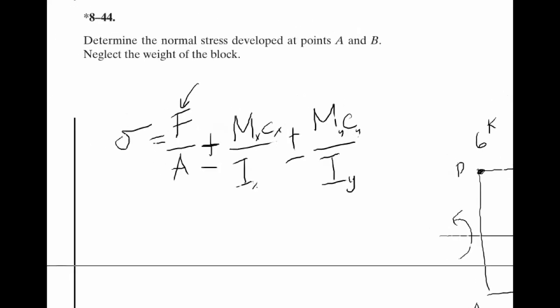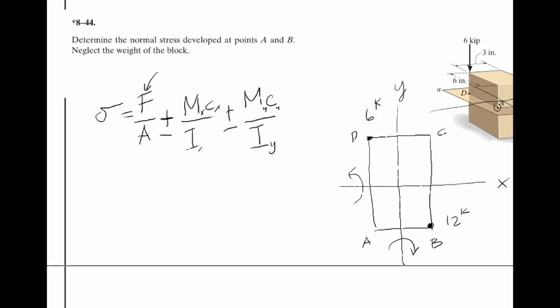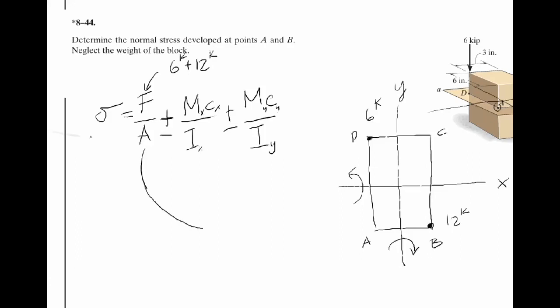If we scoot over to the side, is F 6 kips or 12 kips? It's actually the summation of the load that's acting on that plane, which is into the page, correct? So therefore, F is actually 6 kips plus the 12 kips.